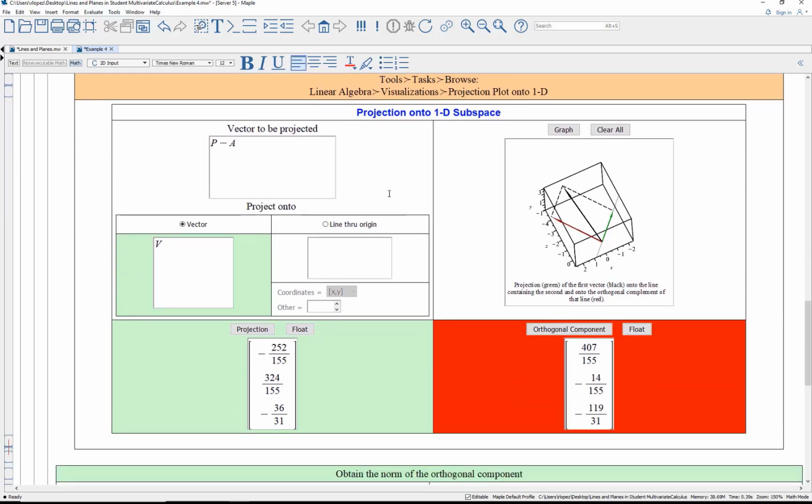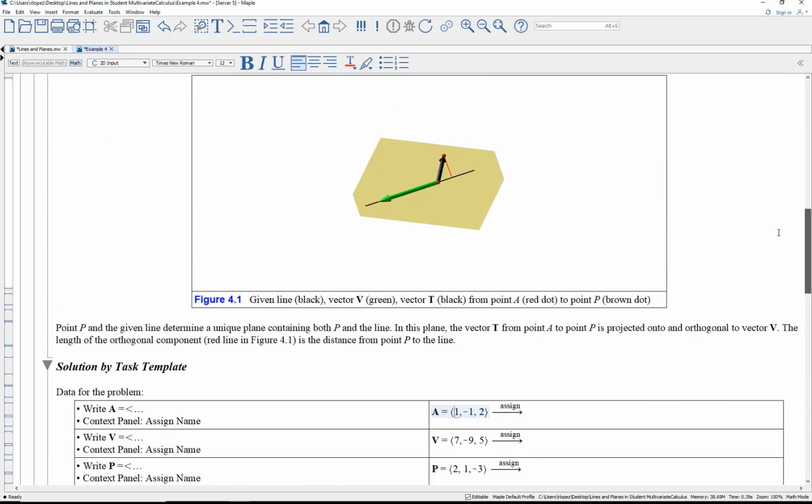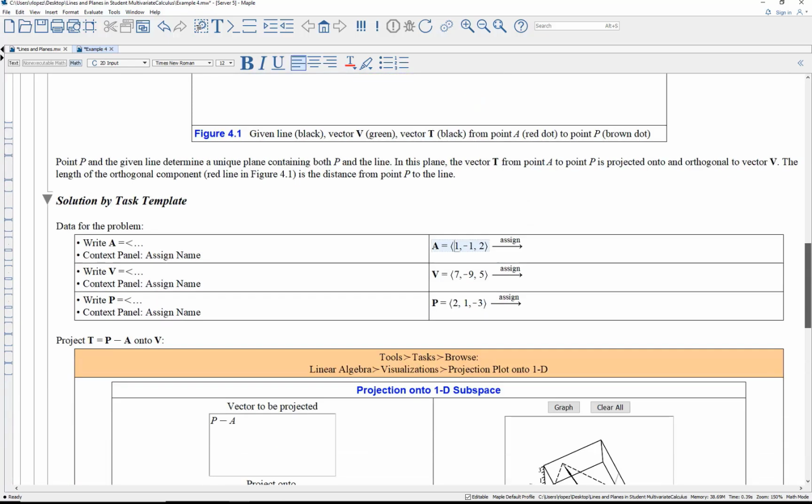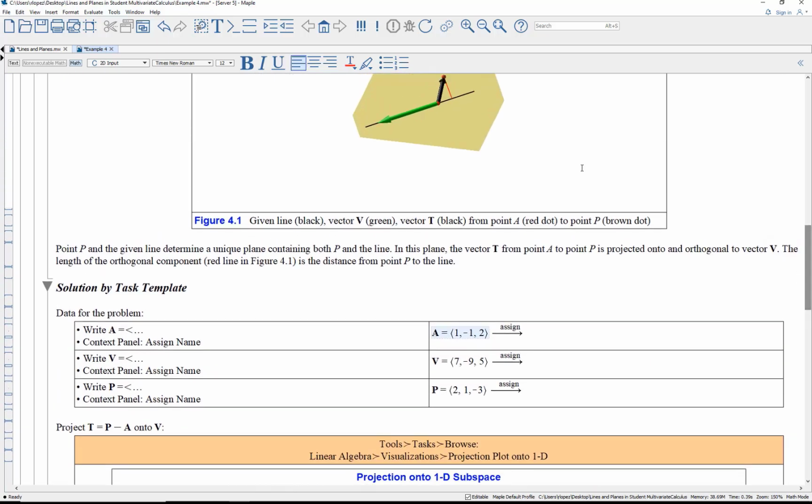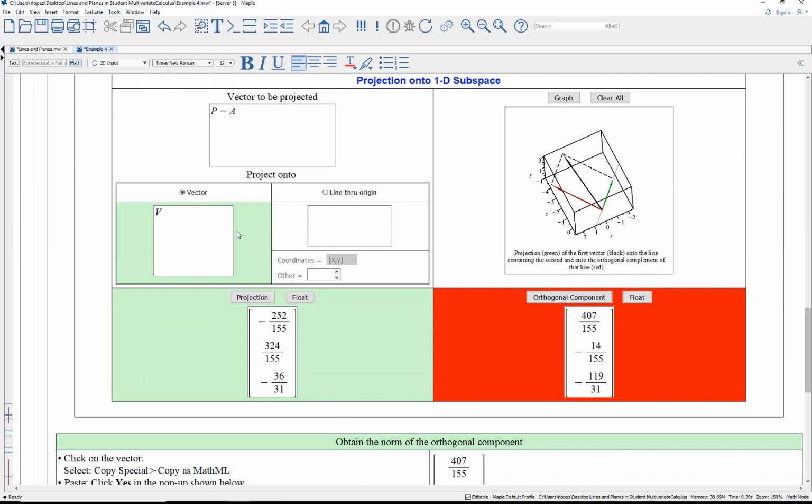This is the task template. P minus A is the black vector that we see here. We are projecting that onto the green vector V, and you'll notice green here, V, green in this field here. Project onto V and get the orthogonal component.